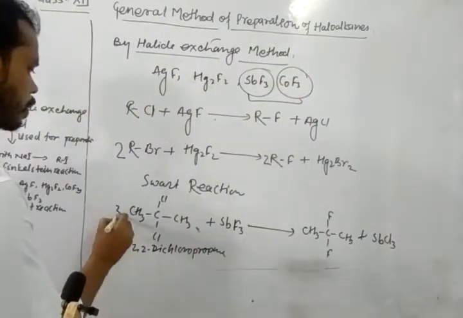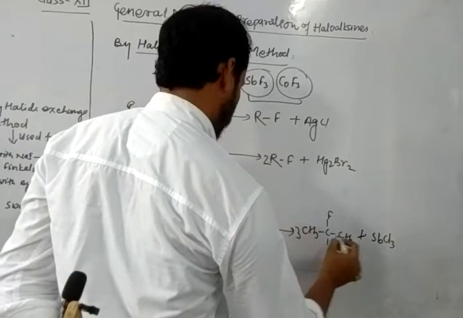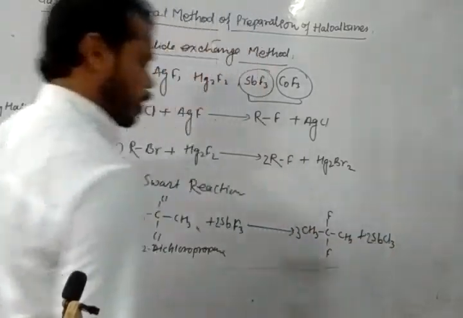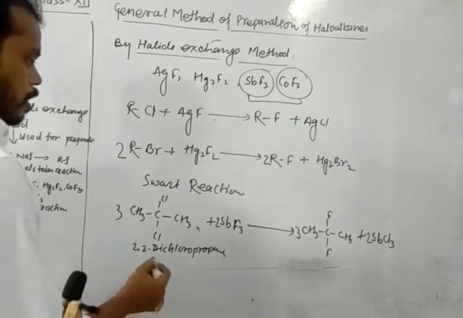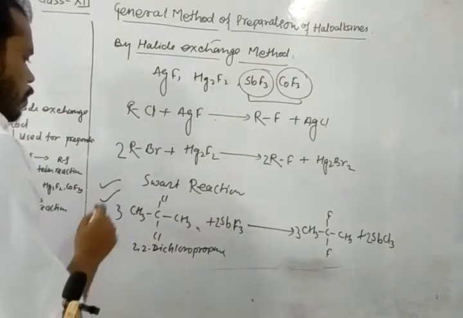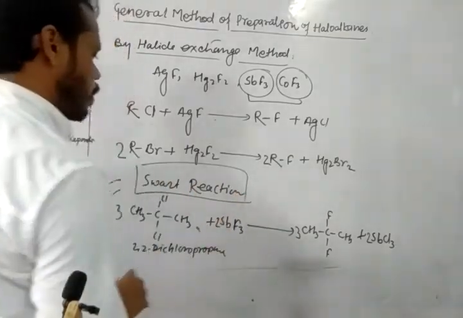Now multiply with 3 and with 2, with 3 with 2. Clear? The reaction is balanced. This reaction is very useful and very important because these are named reactions.